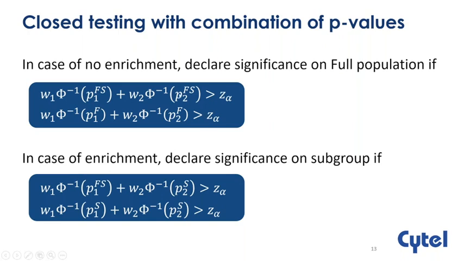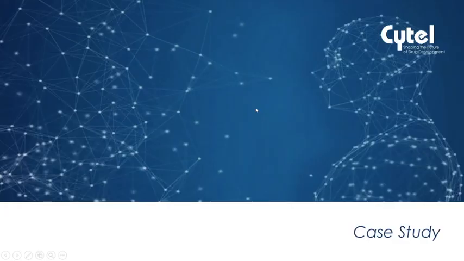And just as before, when we talk about P2 of FS, we're talking about the adjusted p-value for cohort 2 in the case that there is no enrichment, because this is something only used in the case of no enrichment in the top bubble. So this is the backbone of the methodology that we're going to be using.